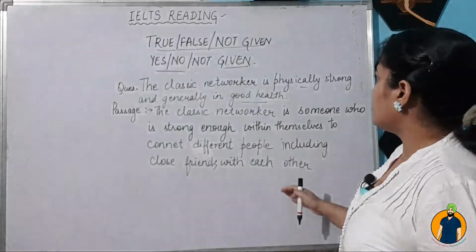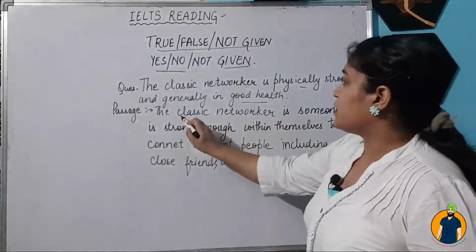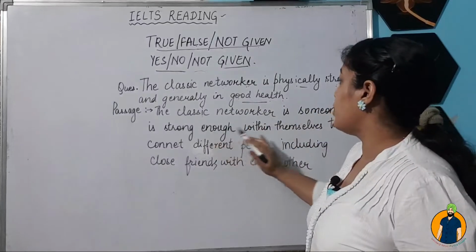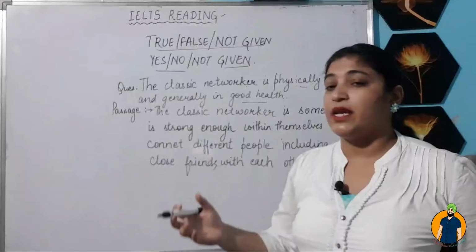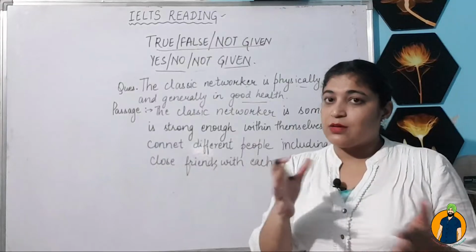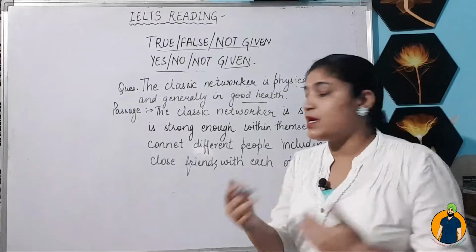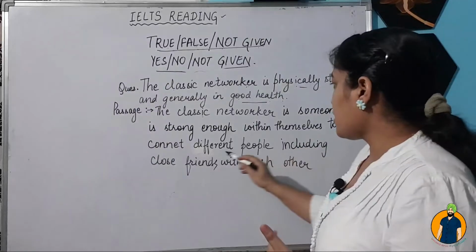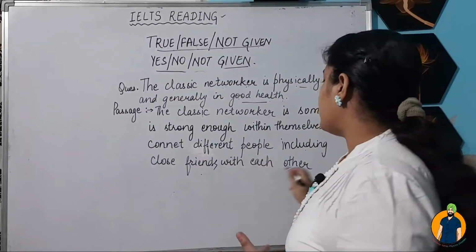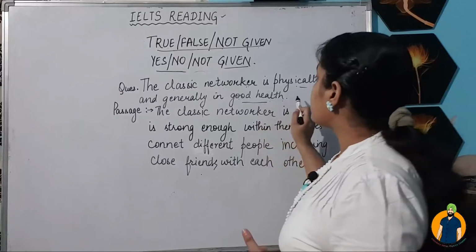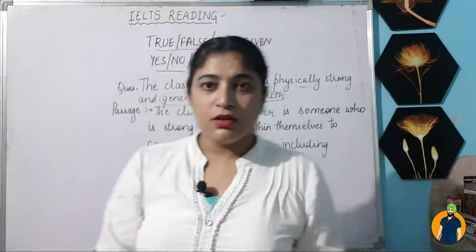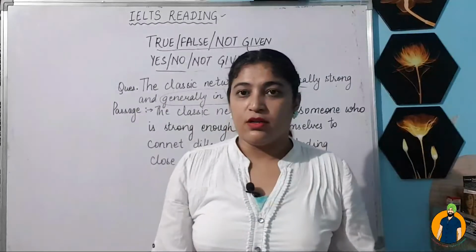Here it is written that the classic networker is someone who is strong enough within themselves to connect. In terms of connection with friends, he is strong, including close friends with each other, but there is nothing given about the good health of the classic networker.